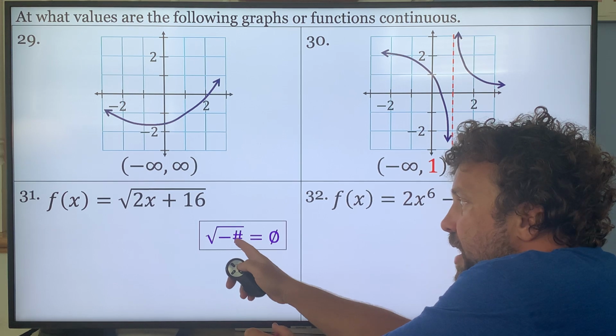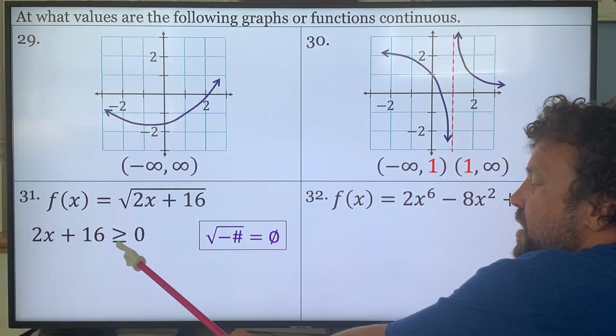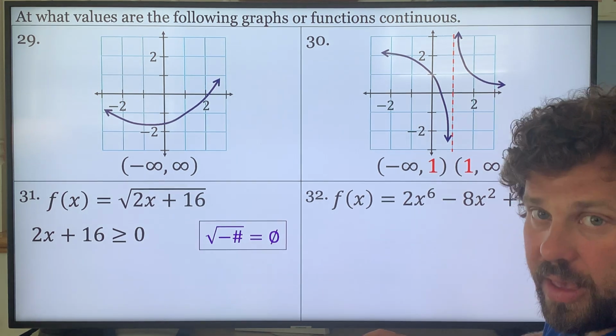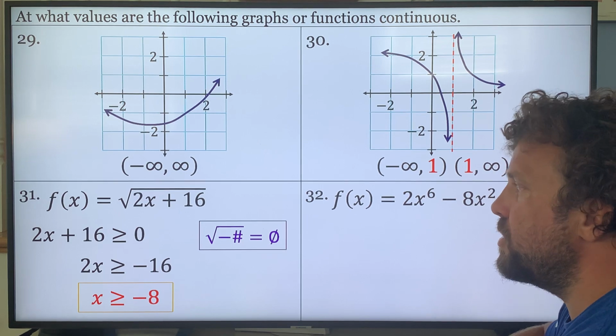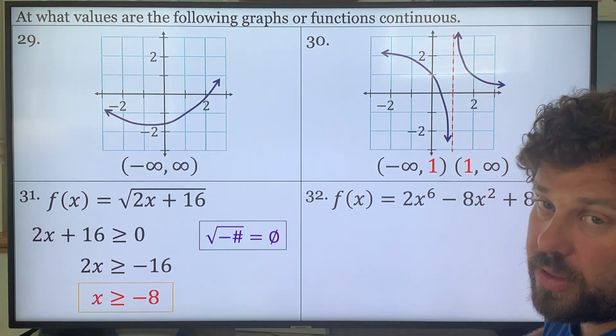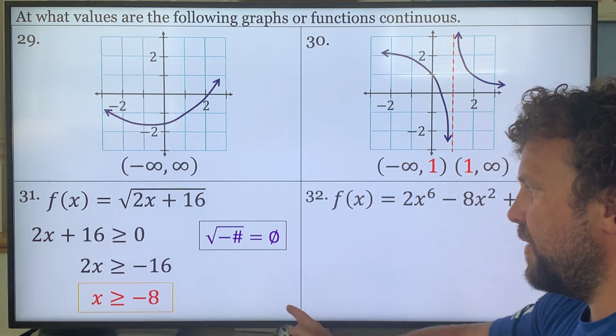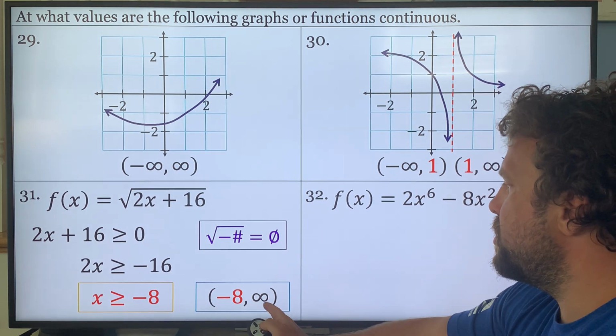You can't have a negative under a radical, it's undefined. Now you solve like a regular algebraic problem. You subtract 16 from both sides and divide by 2. So anytime x is greater than or equal to negative 8, this function is continuous. If you wanted to write it out in that form, it would be from negative 8 to infinity.